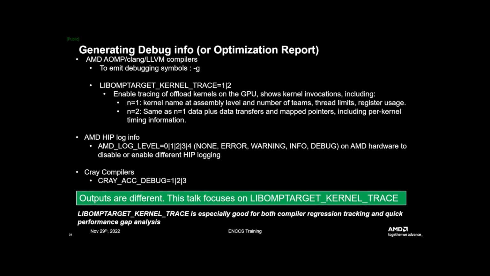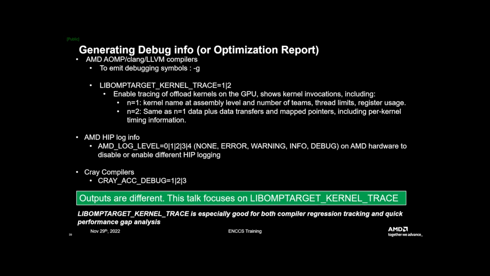It will show you what is going on, the detail of the code at each step of every HIP call. When you are using Cray compilers, you have access to the CRAY_ACC_DEBUG environment variable. You can set that to 1, 2, or 3. And here also you have another view of what is going on in your application when you start running.